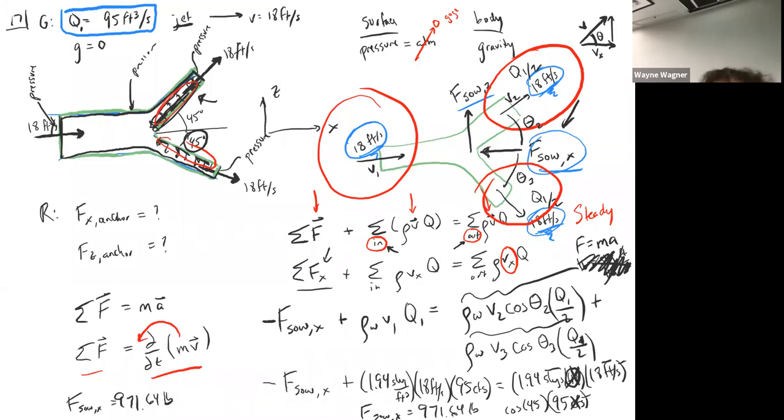971.64 pounds. Because we're going to do the vertical one here too, even though it's trivial, just because this is kind of your first time seeing this. So I want to make sure that we get as much practice as possible. Maybe I should have started with the vertical. Okay, so I'm going to erase all of this.